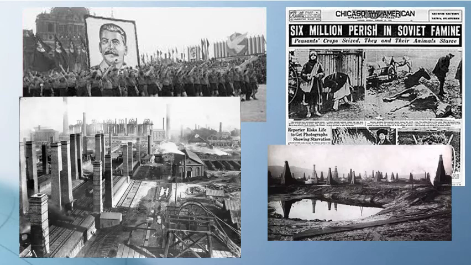So you have 12.5 million people leave the farms and go to the cities, providing labour for the new factories, and Stalin's forcefully turned a peasant society into an industrial powerhouse in 10 years.